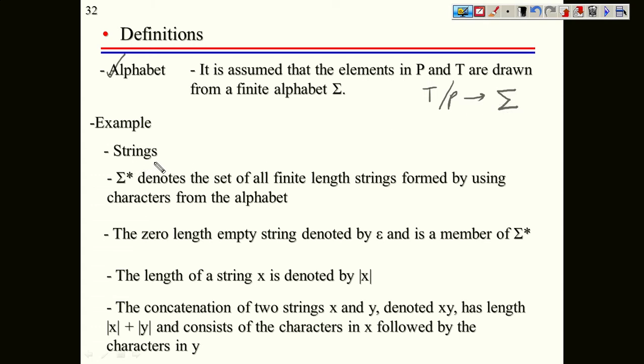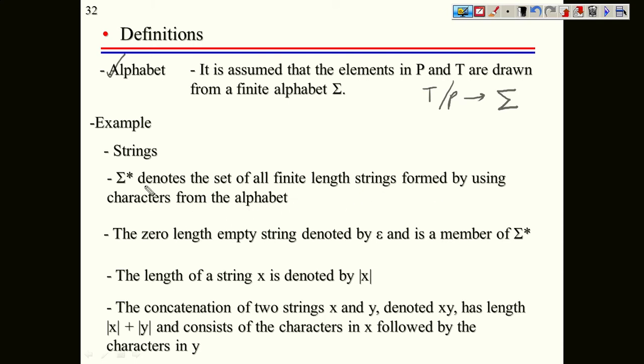Then a string is a collection of characters from the alphabet set that forms a word or a sentence. Then sigma star denotes the set of all finite length strings formed by using characters from the alphabet.